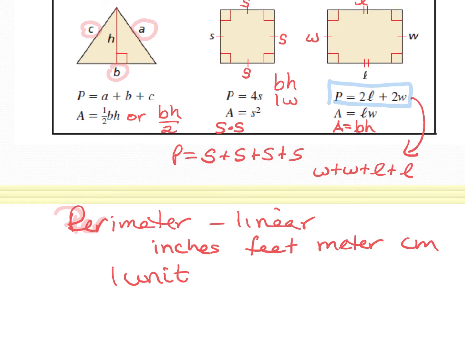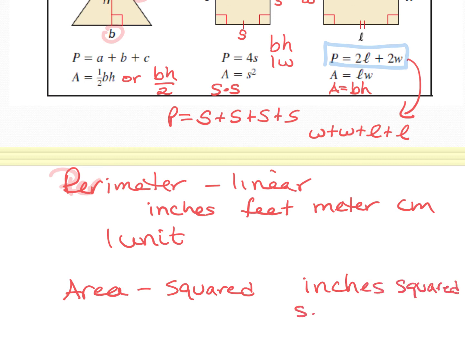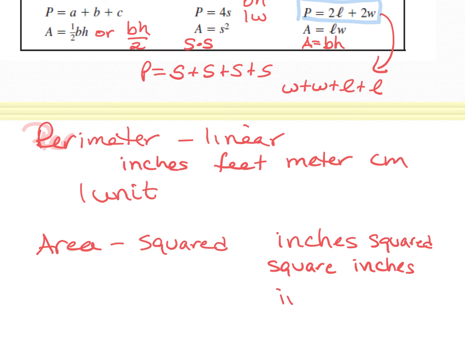But when we talk area, these linear units are going to be squared. So for example, you would write your answer for an area question as either inches squared, or you might see it written as square inches, or you might even see inches raised to the 2nd power.